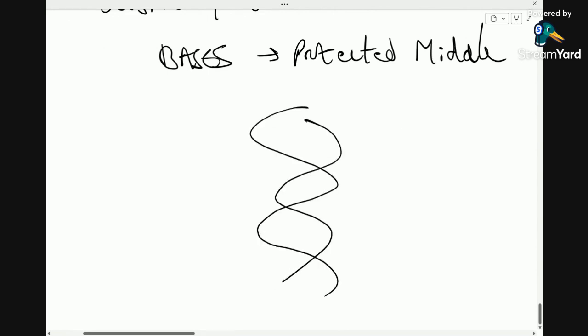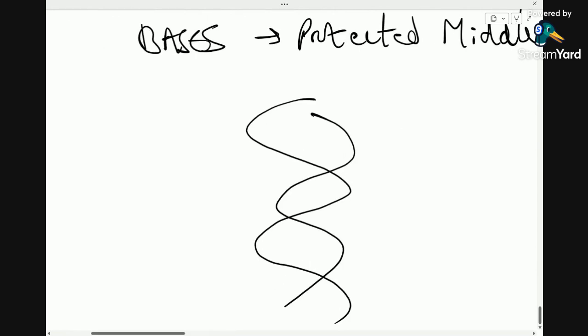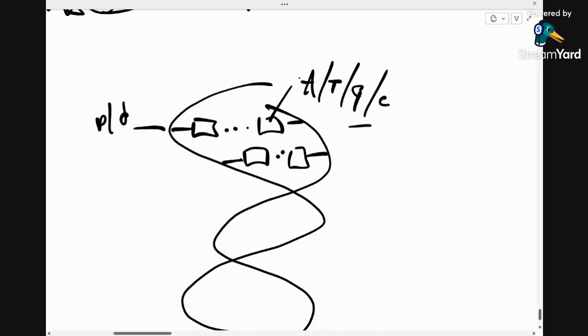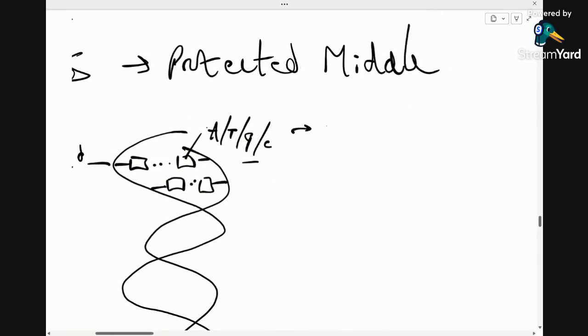Let's try it like this. There we go, a little bit better. My phosphodiester backbone is on the outside, and on the inside I've got my bases, connected by hydrogen bonds. I'm not going to draw all of them. It's the bases, the A's, the T's, the G's, the C's in DNA, that contain the coding information.